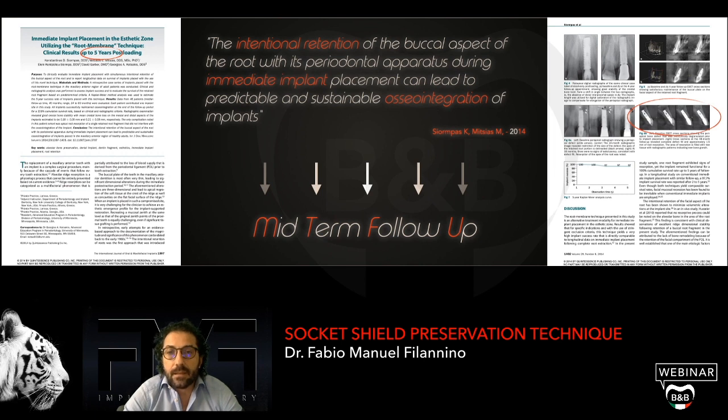And they also say that this is a very good way to keep the bundle bone in case of post-extraction socket, even if we have small periapical lesions.